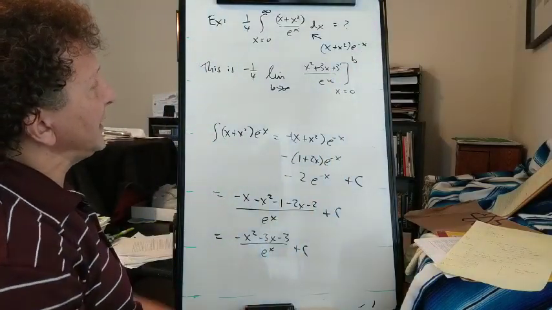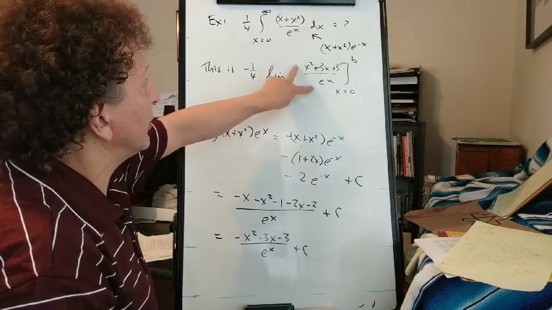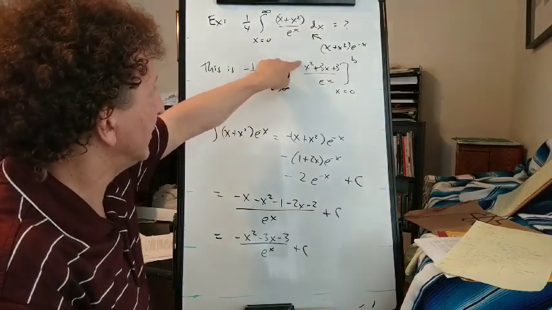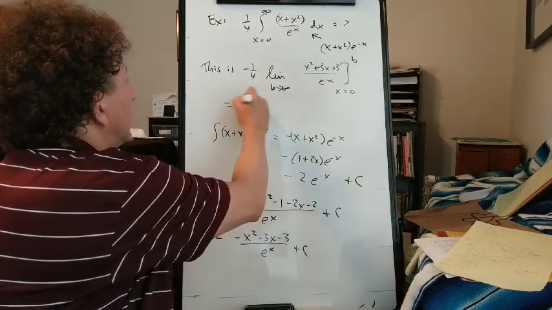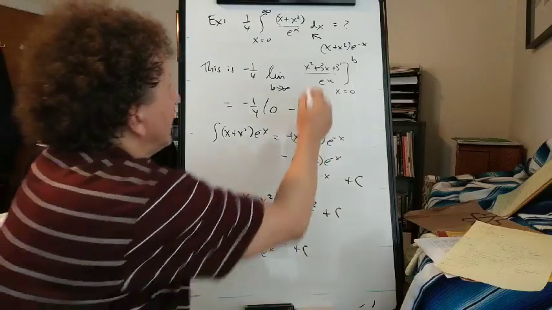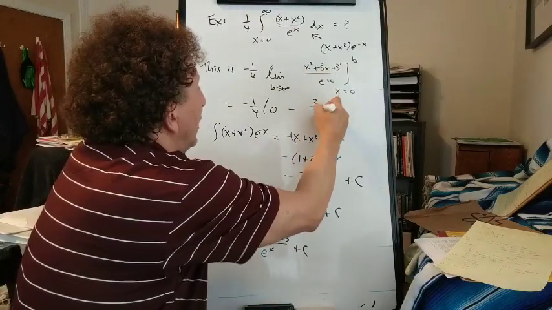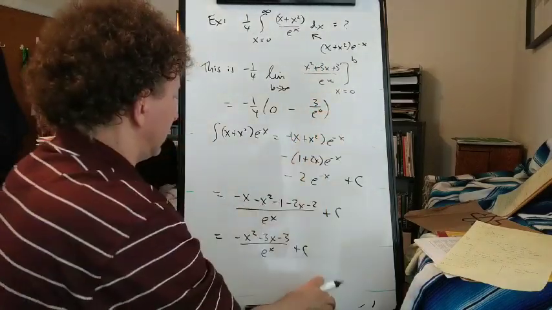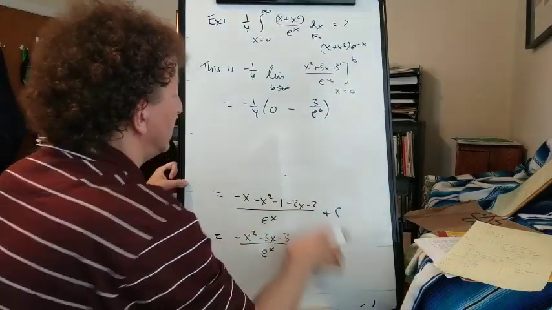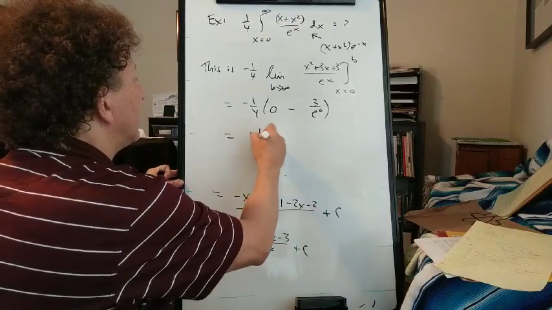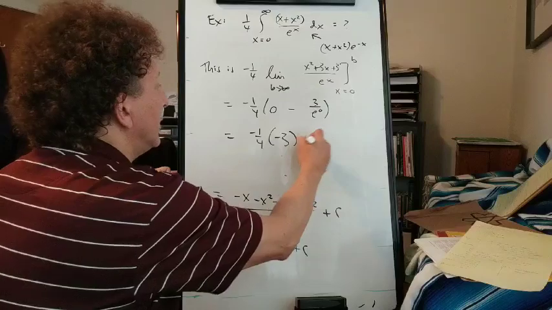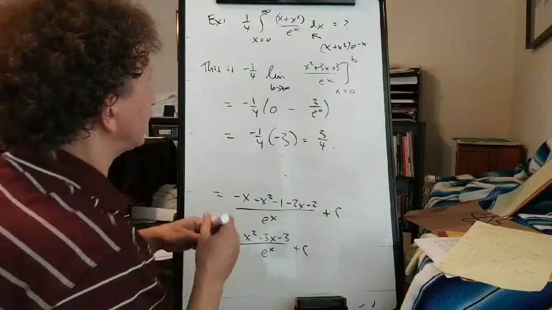Alright, we plug in b and let b go to infinity. The denominator is going to go to infinity much faster than the numerator, so that'll just be 0. And then we plug in 0 and we get 0 plus 0 plus 3 over e to the 0th, which is negative 1/4 times minus 3, which is 3/4.